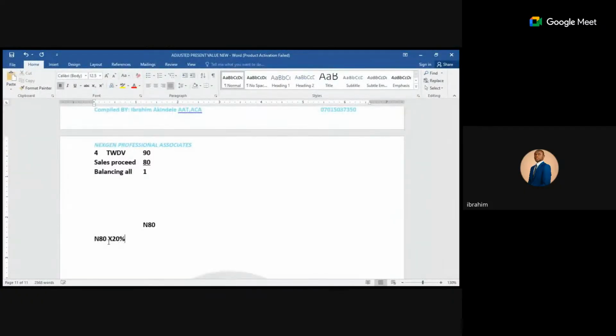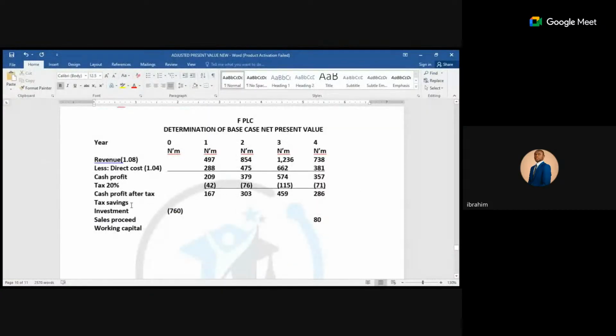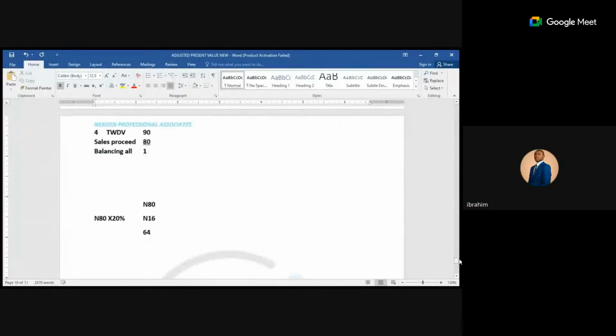What is the 20% of this? 16. We have 16. What is the difference? 64. You've paid tax on the balancing charge. So you take this 64 to your computation. After cash profit, after tax, you can put your balancing charge. Class, you need to charge tax on it.